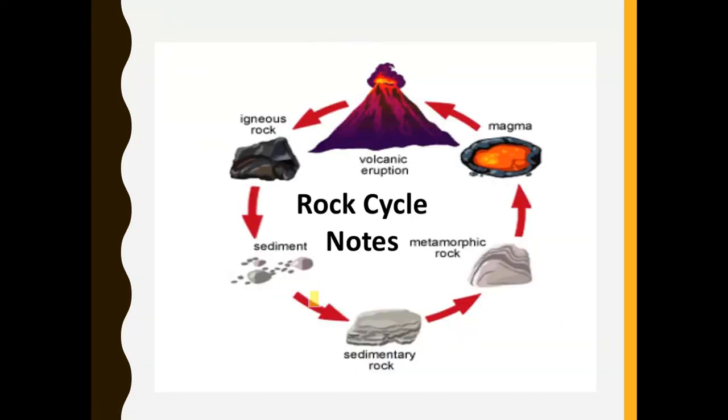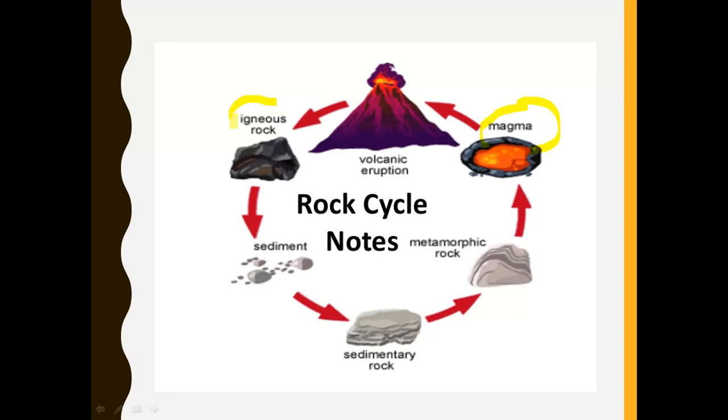There's another cycle I had made to make it all the more easier. There's a volcanic eruption. No, first there's a magma. Then magma comes out from the inside of the earth in the form of a volcano. Okay, let me just underline that for you. This is magma which comes out from the volcano.